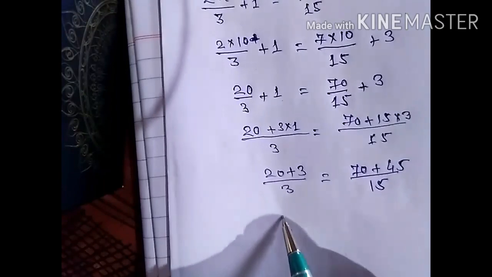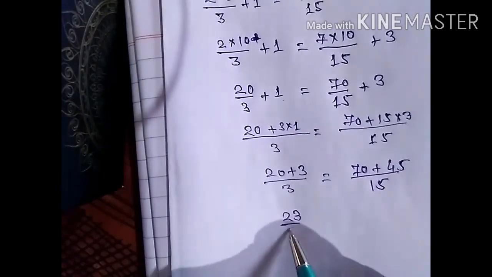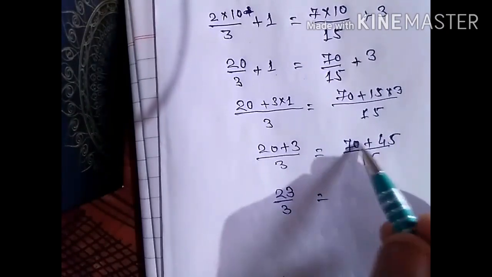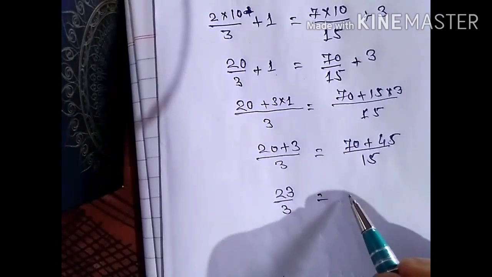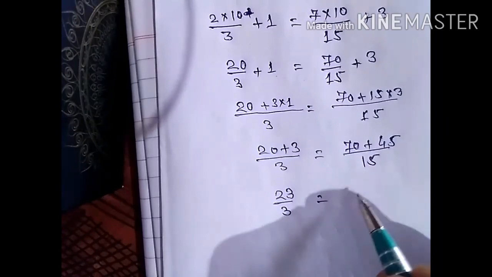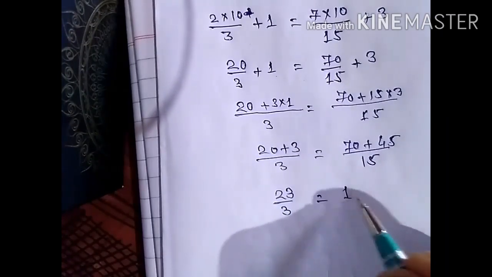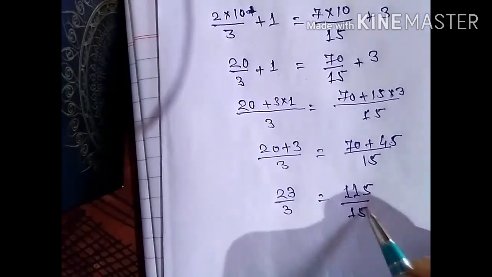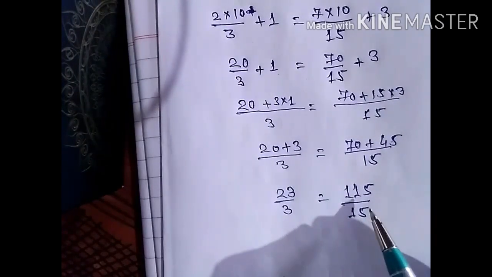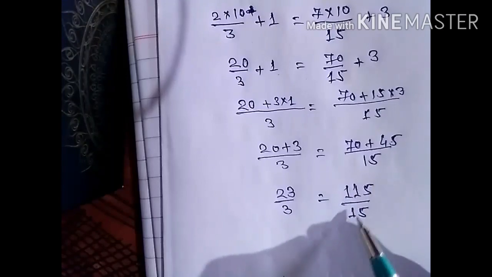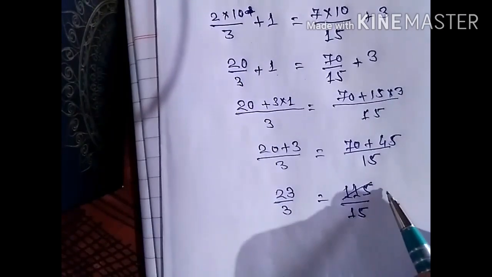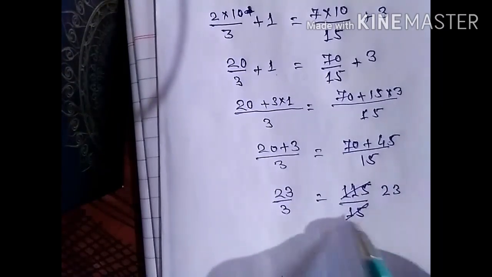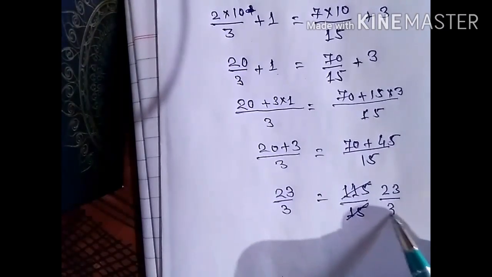Now it will be 23 by 3, and 45 and 70, it will be 115 by 15, student. This one 115 by 15. Now reduce this. After reducing it by 5, we get 5 times 2 is 10, 5 times 3 is 15, and this one 5 times 3 is 15.